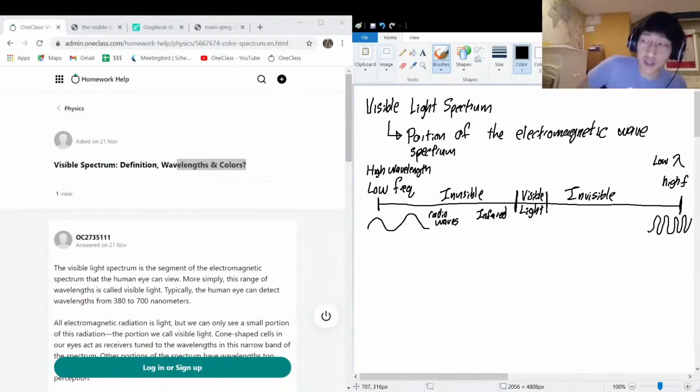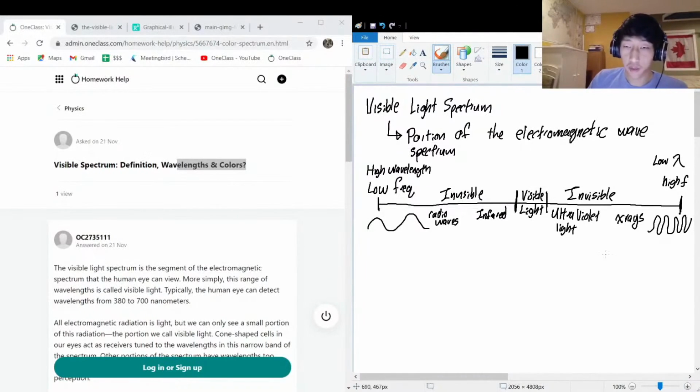So that's just one application of infrared light. And for higher frequencies, this is getting into ultraviolet light, and then it also gets into X-rays and gamma rays, and that tends to be higher frequency stuff.